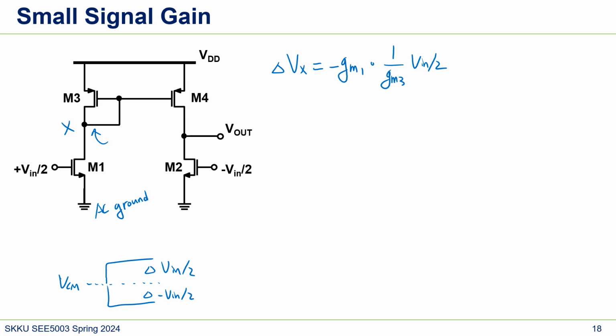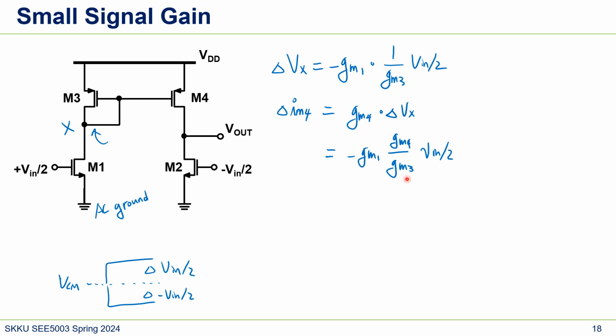And since Vx changes, right here, we're going to say delta IM4 is GM4 times delta Vx, right? So it would be minus GM1, GM4 over GM3, Vin over 2. But we'll assume that M3 and M4 are the same size.